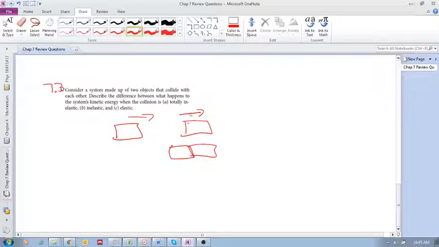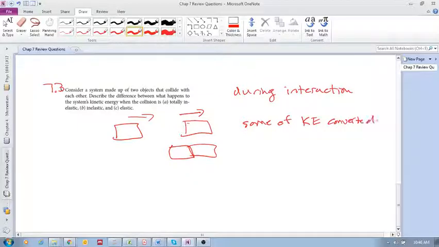But the interesting thing here, which we need to see, is that during the interaction, some of, or all of, the kinetic energy, it depends on the kind of interaction, is converted temporarily to internal energy, right?